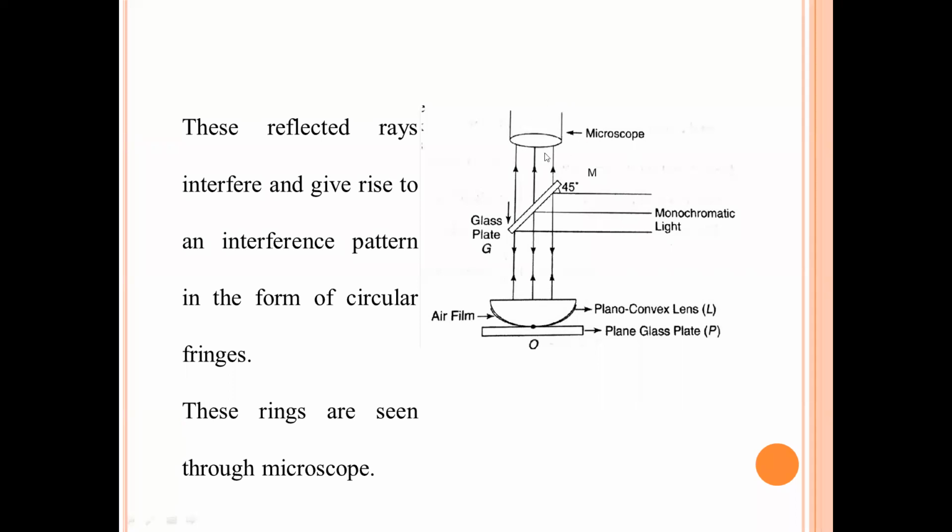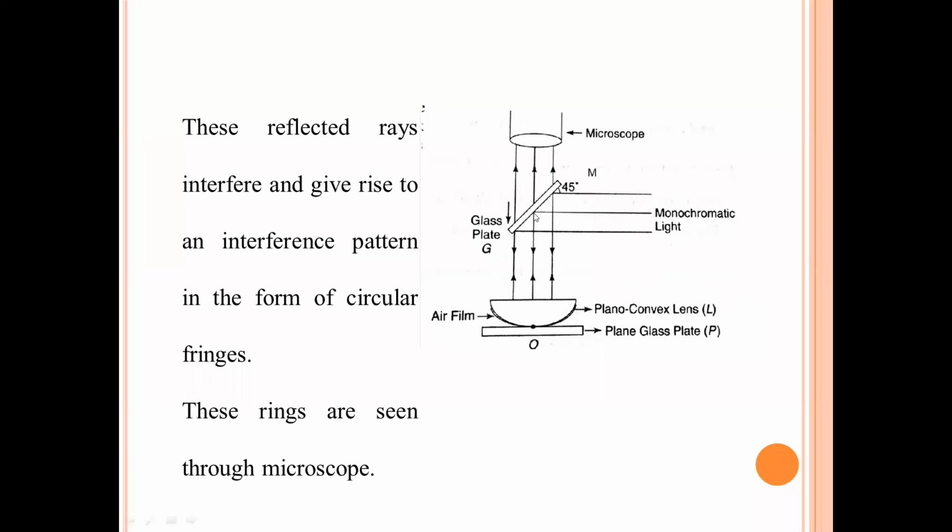This is a traveling microscope. The glass plate is arranged at a 45 degree angle here. Here we use a monochromatic light, that is a sodium vapor light, yellow in color. Now this monochromatic light is incident on the glass plate.